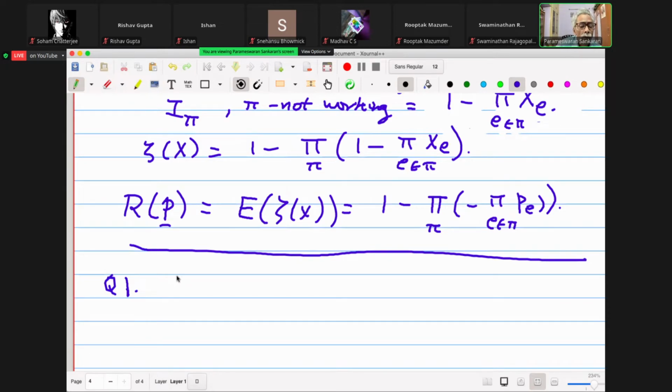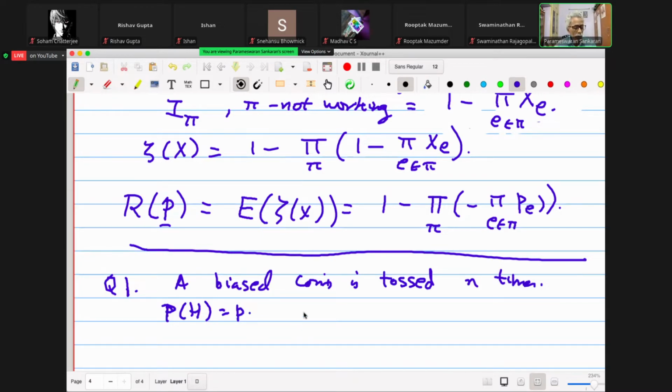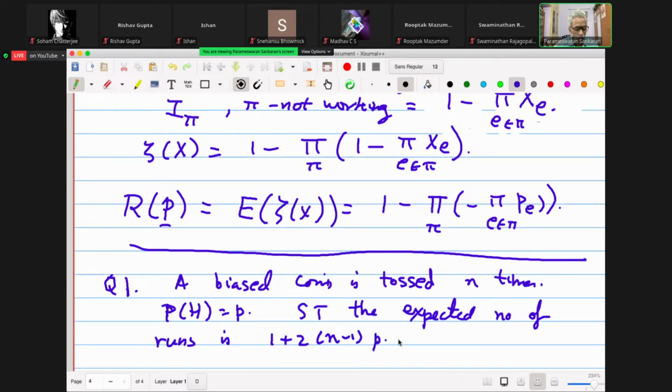A biased coin is tossed n times, and it's given that the probability of head is equal to P. Show that the expected number of runs is 1 plus 2 times n minus 1 times P times 1 minus P.